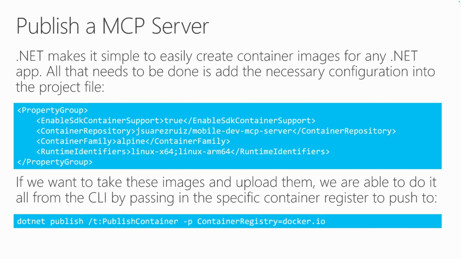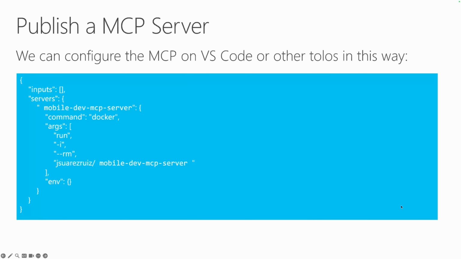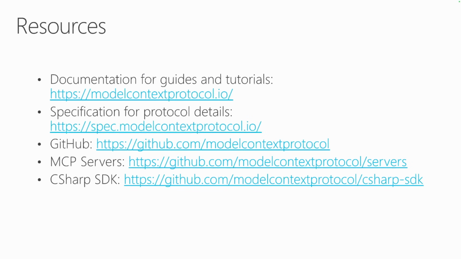Then we can use the command line to use dotnet publish. And once we have done that, we can just configure the MCP server pretty similar to what we have done before with MCP servers like the Time server, the GitHub server, or our own mobile dev server, using the settings file, setting the MCP server with the command docker and with the argument pointing to the published server.